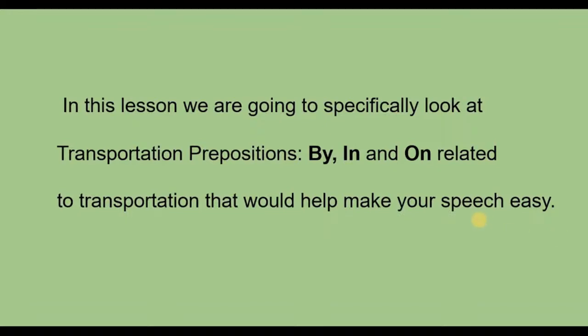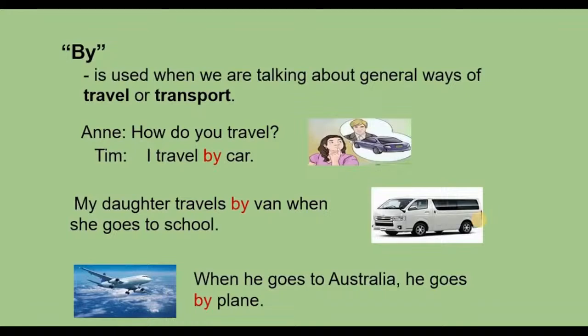So, let's get started. Now, the first preposition that we're going to look at is by. When do you use by? When we are talking about general ways of travel or transport.